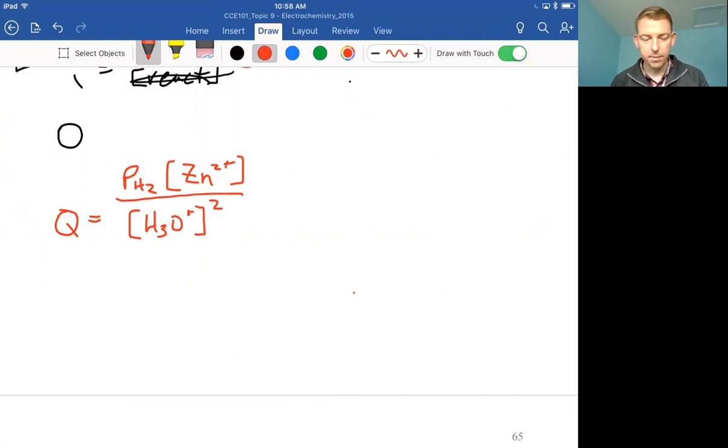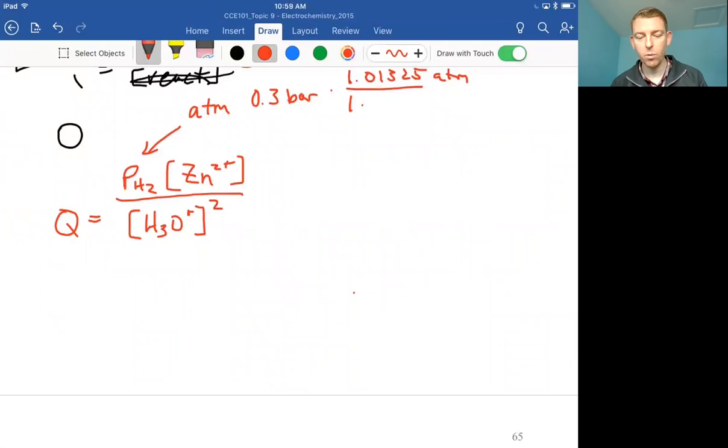And this should really be in atmospheres rather than in bars as was given in the question. So we have 0.3 bar multiplied by 1.01325 atmospheres per 1.00000 bar.